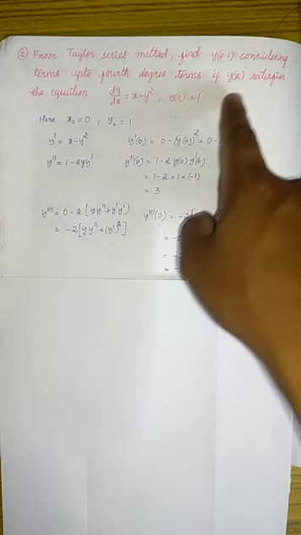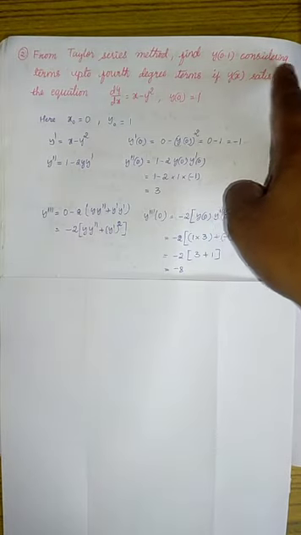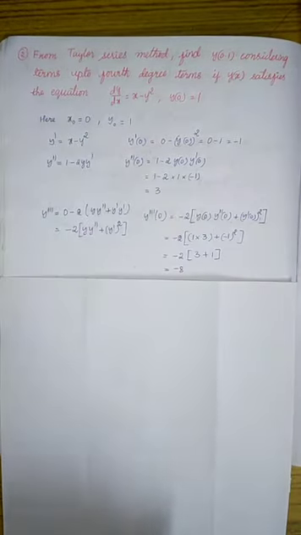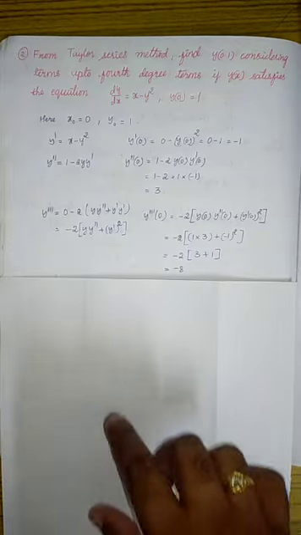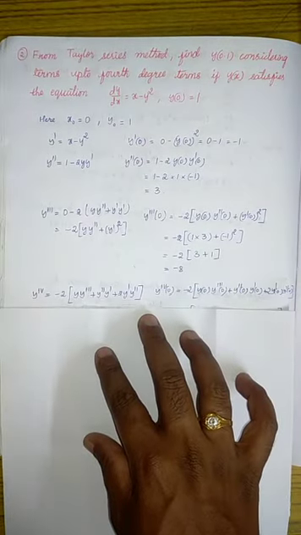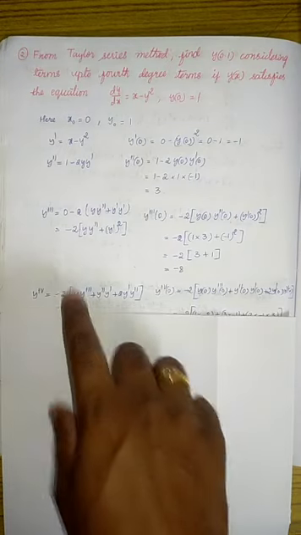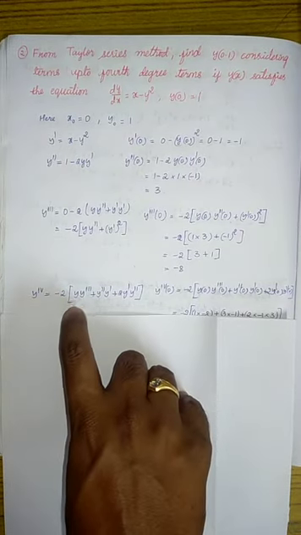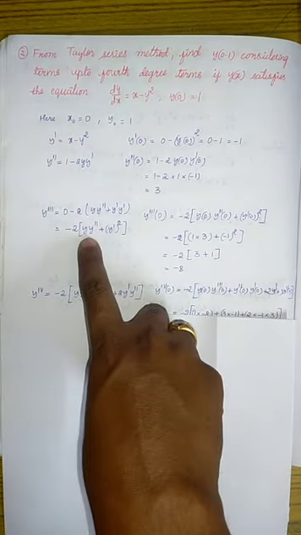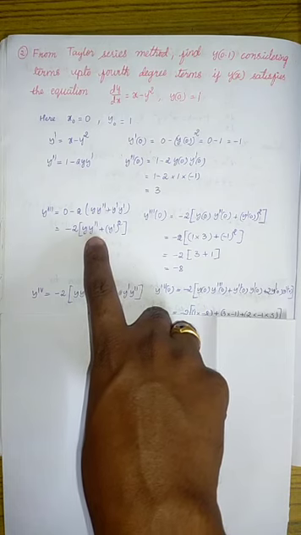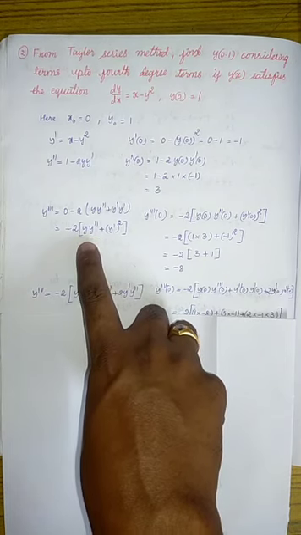In the question they ask you to consider the terms up to the 4th degree, so you have to calculate the 4th derivative of y also. Let us calculate the differentiation of y triple dash with respect to x. Here minus 2 is constant, so take that outside. Now we have to differentiate y into y double dash, so you have to use the product rule.